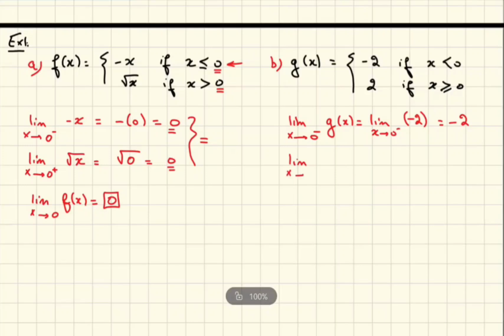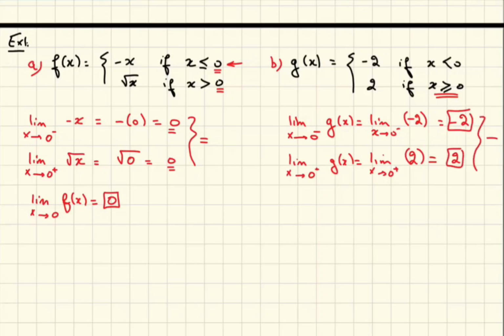Now the limit as x approaches 0 plus of g of x: we're talking about the positive part, so the second piece, which is 2. Now I look at these two, they are not equal. In this case, we say the limit as x approaches 0 of g of x does not exist.